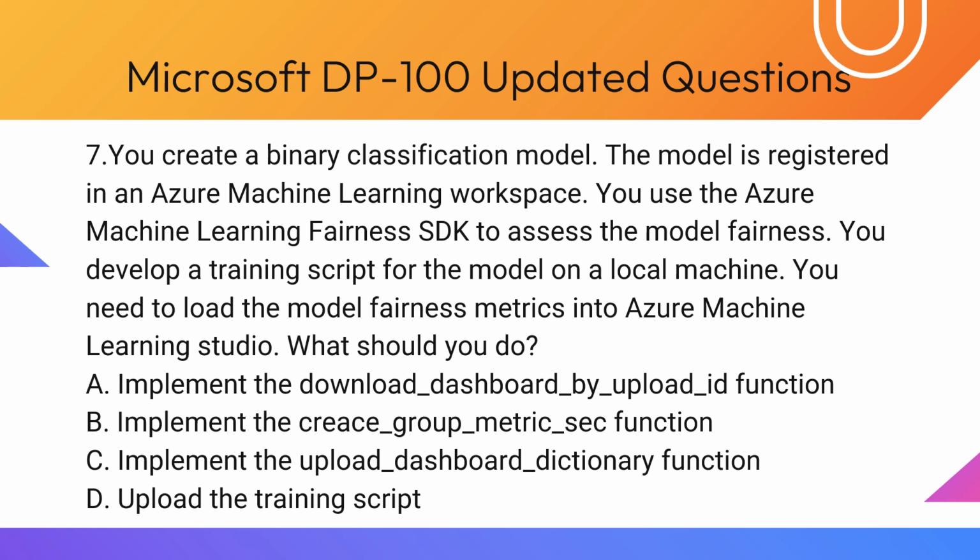7. You create a binary classification model. The model is registered in an Azure Machine Learning workspace. You use the Azure Machine Learning Fairness SDK to assess the model fairness. You develop a training script for the model on a local machine. You need to load the model fairness metrics into Azure Machine Learning Studio. What should you do?